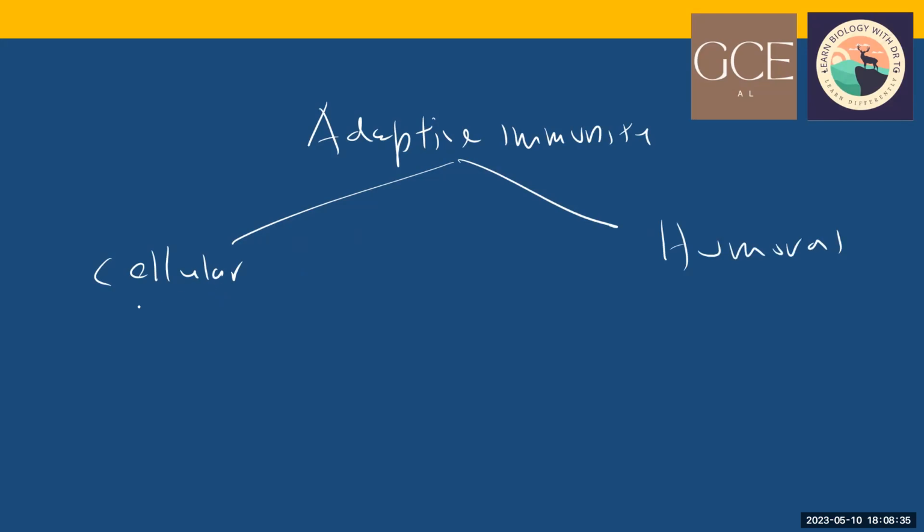Cellular immune response is done by T lymphocytes. Humoral immunity is done by the B cells. Humoral immunity, the part of the adaptive immunity, is manifested by B cell activation. Now here, T cell activation is the main point. What we learned today is activation of T helper cells.